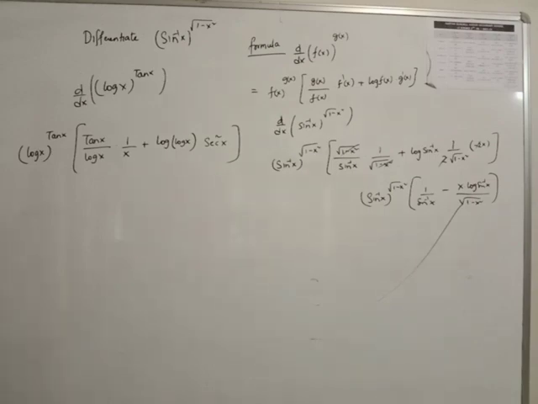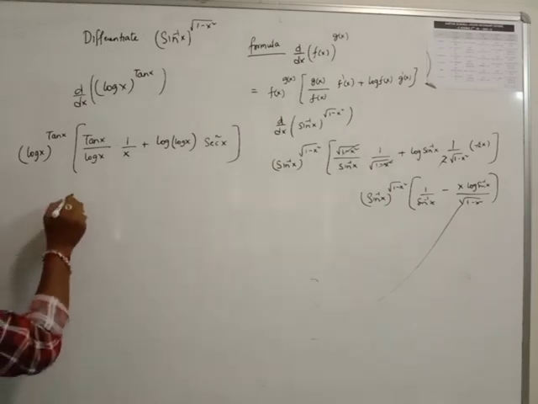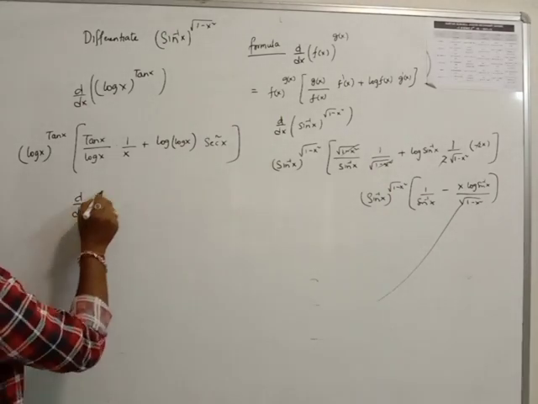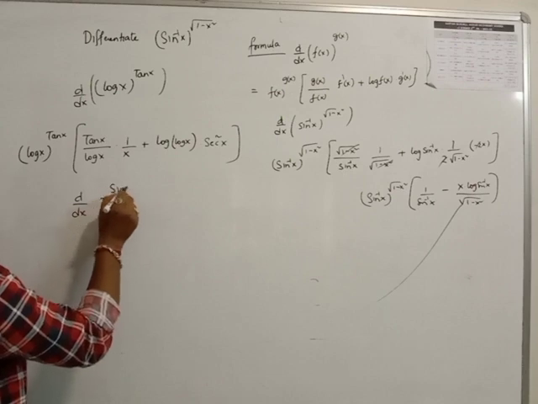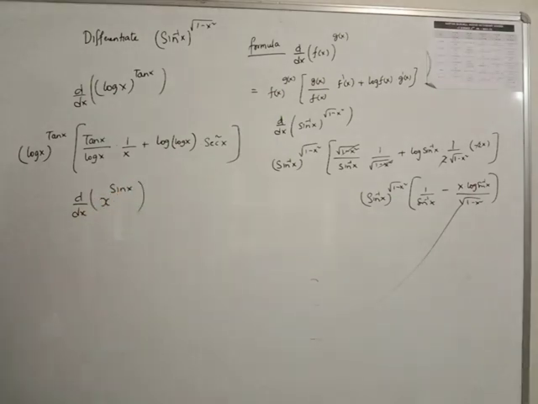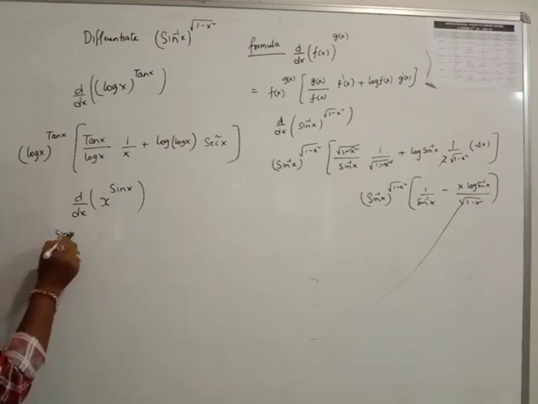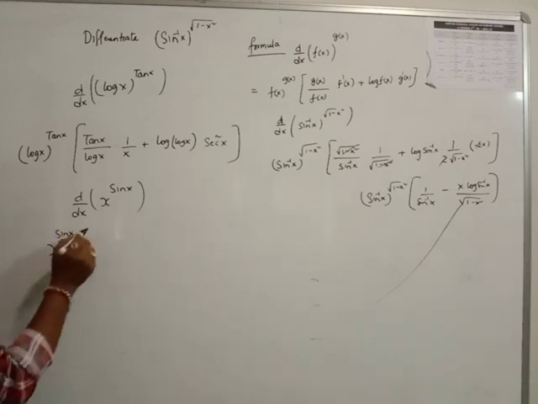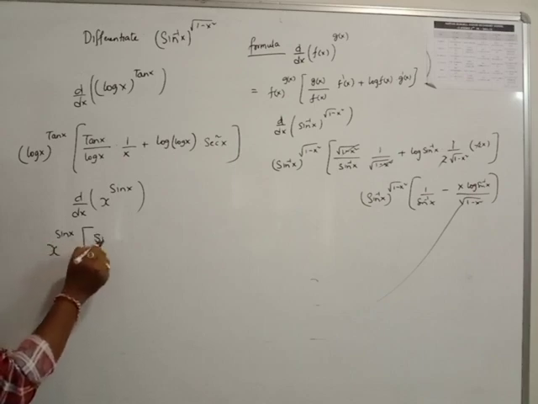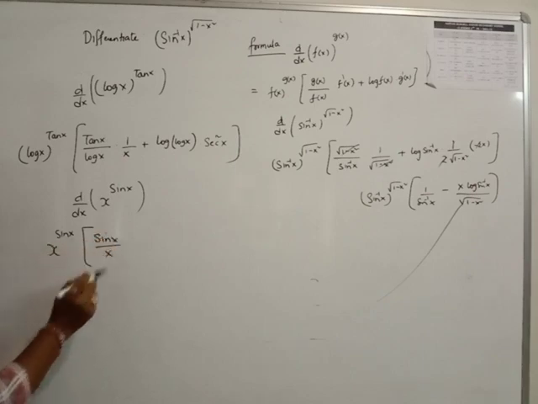If it is given, see, another problem is related to x to the power of sin x. Okay, go for it. d by dx of x to the power of sin x. What do you need to do? First write out the question. What is given? x to the power of sin x. After that, sin x by x.